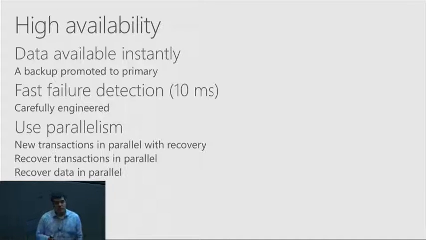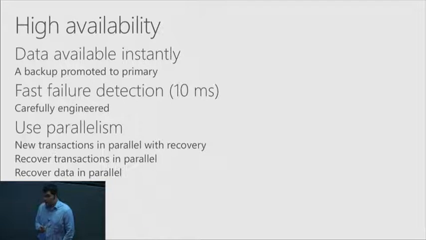We were basically able to detect failures in 10 milliseconds by carefully engineering our failure detectors. This is actually quite low because most systems typically use much higher failure detection times, seconds or even tens of seconds, because of all the uncertainty you have in the system.